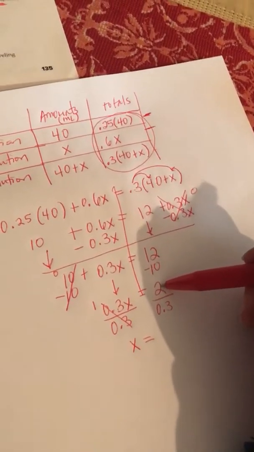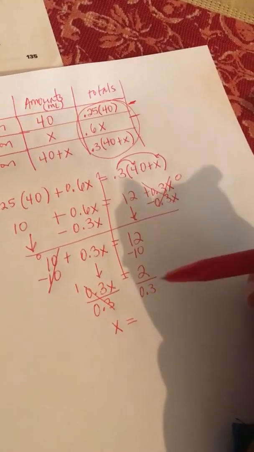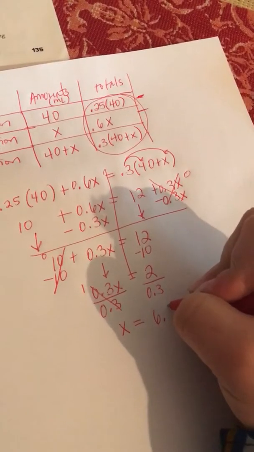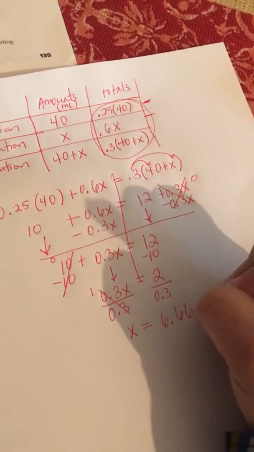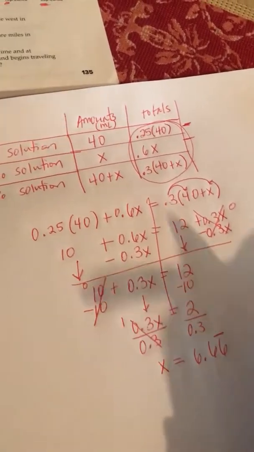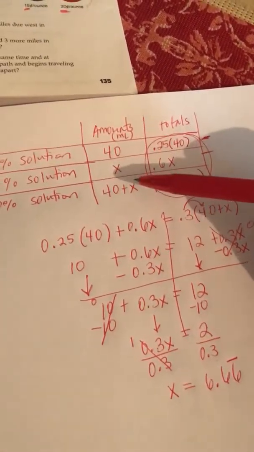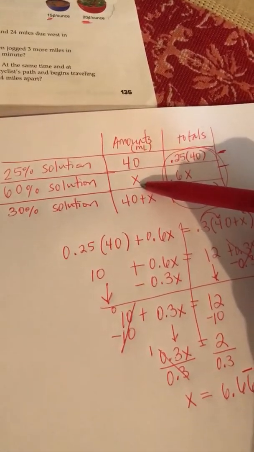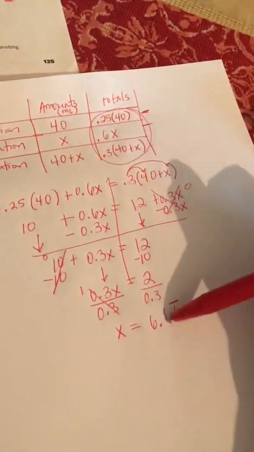Okay. 2 divided by 0.3 gives me 6.66 forever. So I look back in my table and see what I'm talking about here. This is the amount of 60% solution that I have.